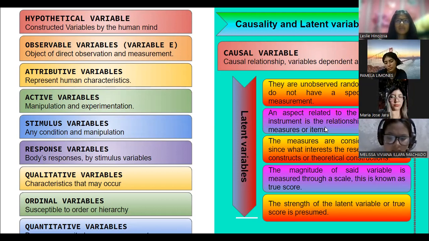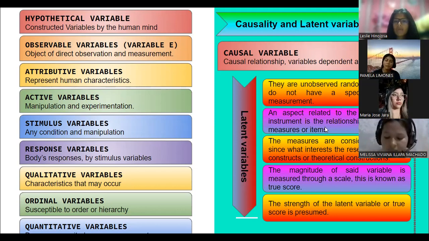It's an ordinal measurement scale. And we have the quantitative variables, which are expressed in degrees, different magnitudes or measurements along a continuum. For example, weight.